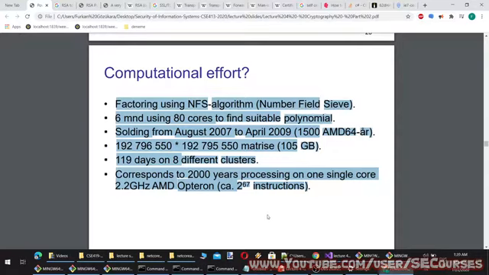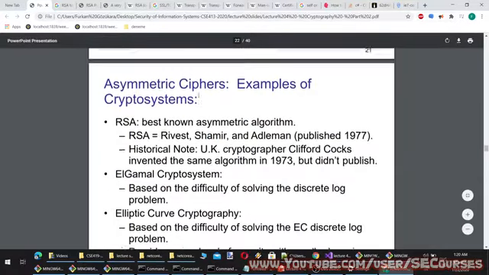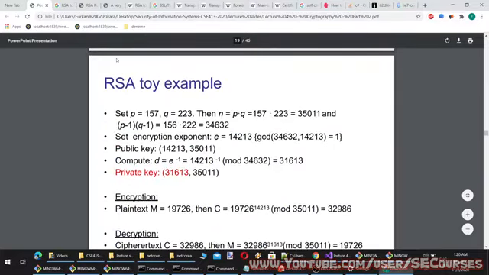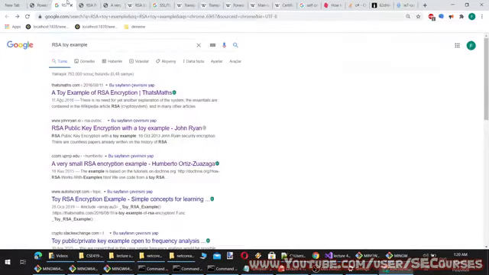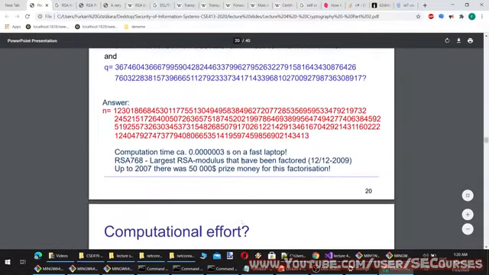Corresponds to 2000 years of processing on a single core 2.2 GHz AMD Opteron, about 2^67 instructions. So the NFS algorithm is not very dependable, and I think it is decrypted in the, or maybe two big numbers are used.